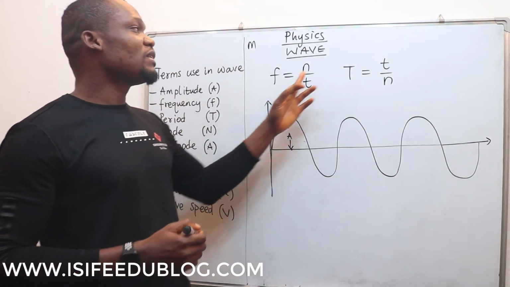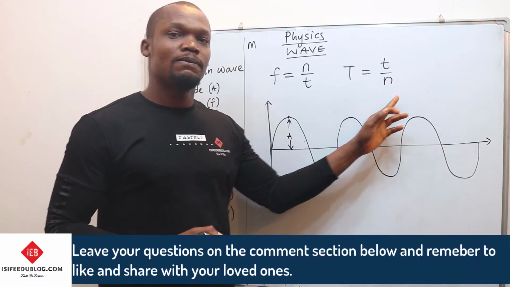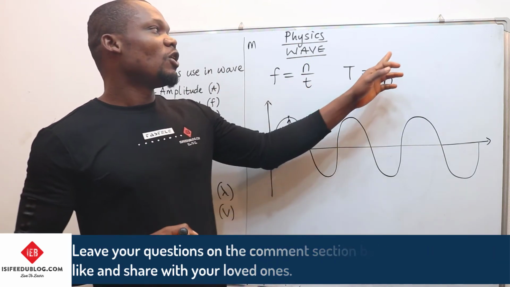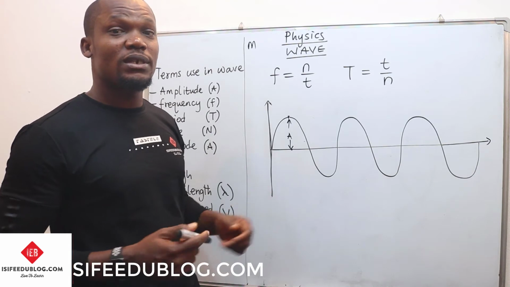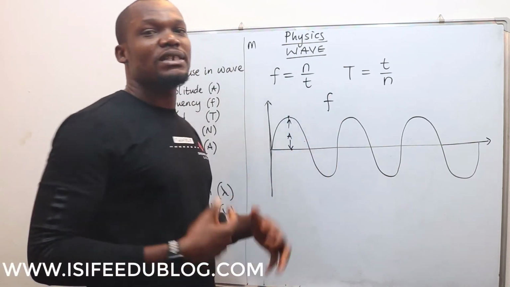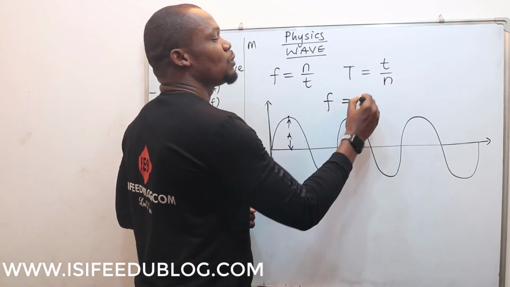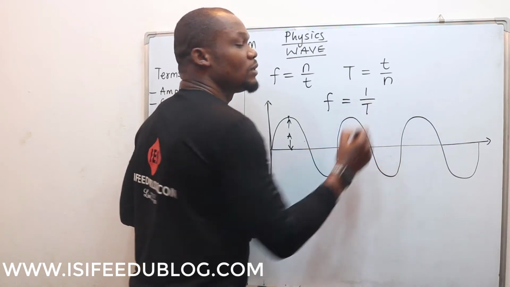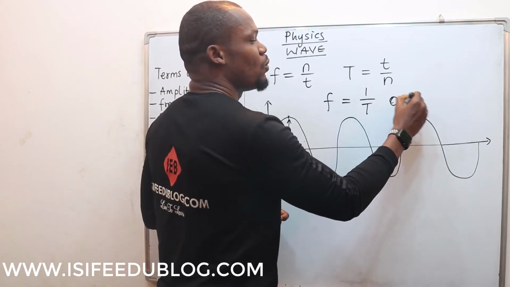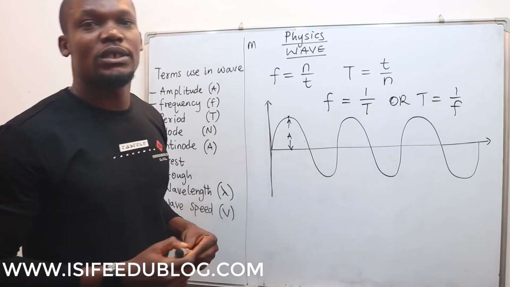You can see that F is equal to N over T, but period is equal to T over N. We can now see that N over T is the inverse of T over N. Hence, frequency is inversely proportional to period, or vice versa. That means F is equal to 1 over period. So frequency is the inverse of period, or period is also the inverse of frequency.